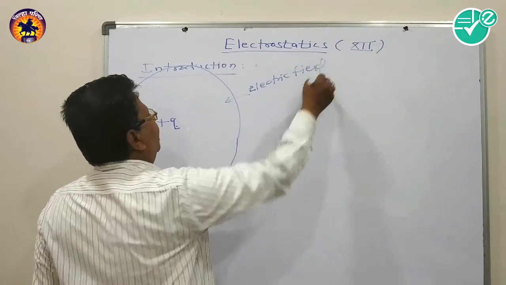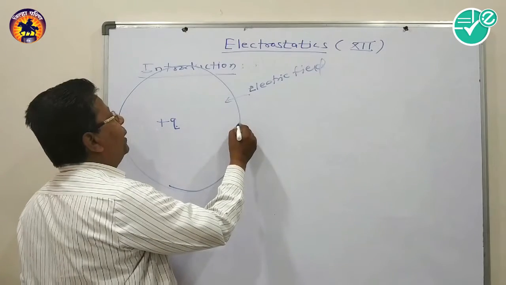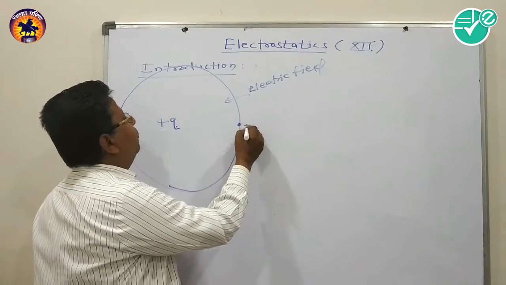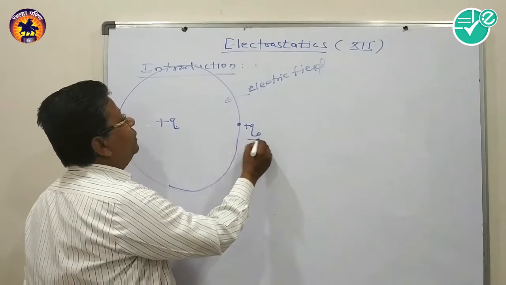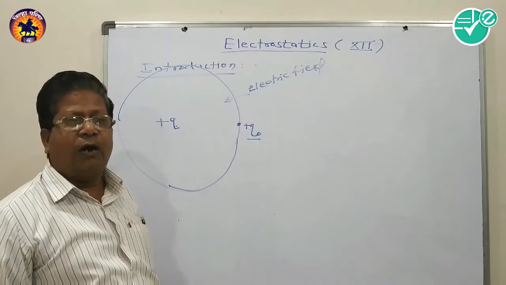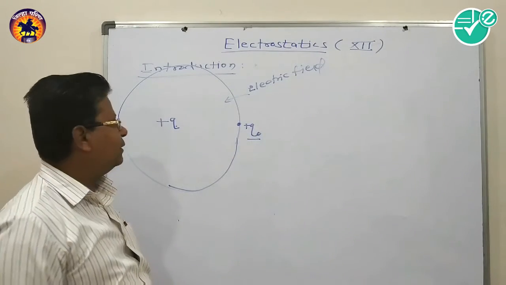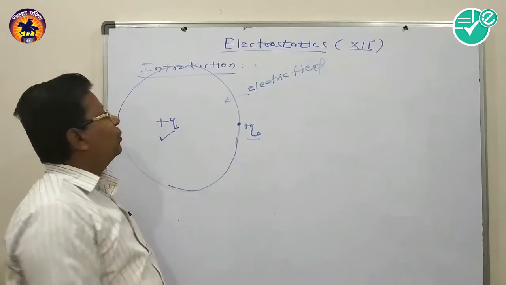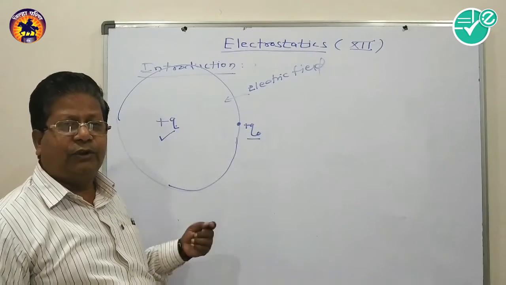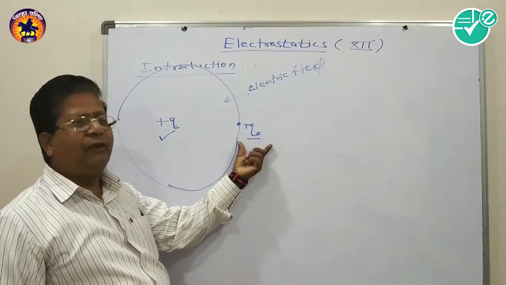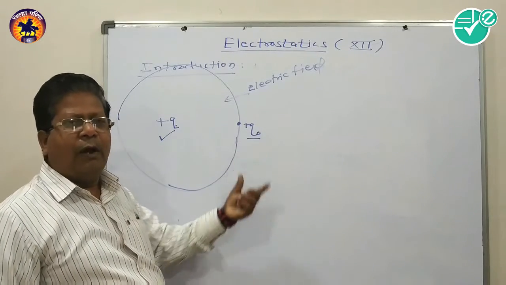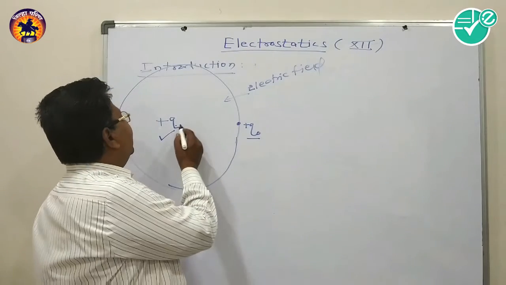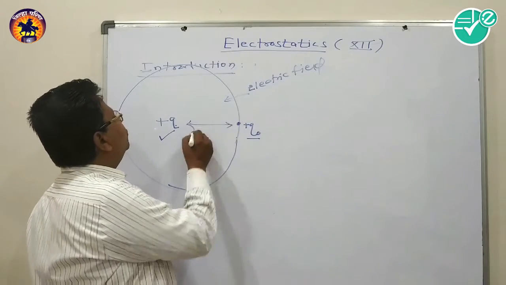If we bring a charge plus Q0, which is a test charge or free charge, then, as the electric field is produced by a positive charge and the charge we bring is also positive, there is a repulsion between these two charges.